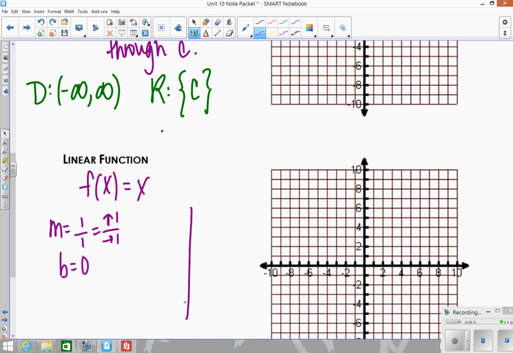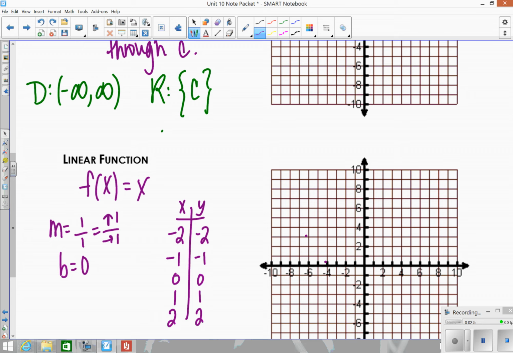But if you think of this in terms of an xy table, let's say we just want to get some points on either side: -2, -1, 0, 1, and 2, I'm picking, just so that I get some negatives and some positives. If you plug these into this function, if you plug in -2 for x, you're going to get out -2. -1, you get out -1. So you basically plug these x values in, and you get out whatever you plugged in.